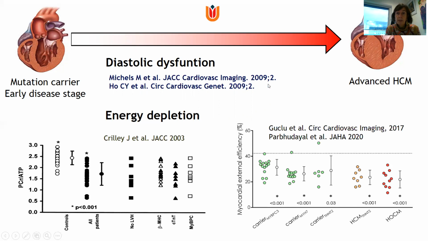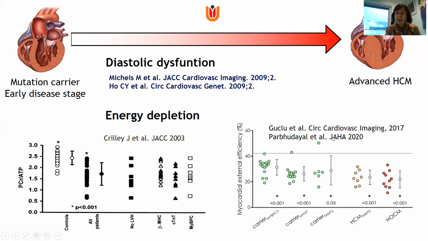Now, our own team has performed many studies using PET MRI imaging in mutation carriers. So these are the green symbols in this image, and also in people with advanced hypertrophic cardiomyopathy. And in all these people, we find a reduction in the myocardial efficiency. And this is the definition of how much oxygen is consumed for force development by the heart.